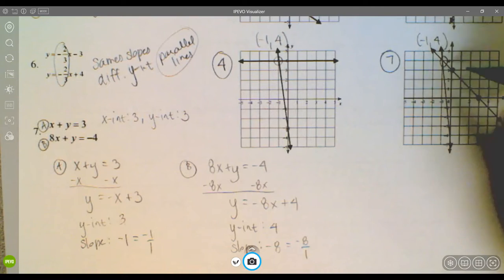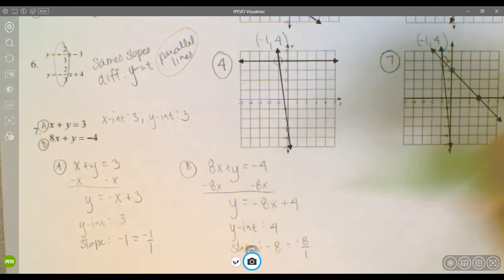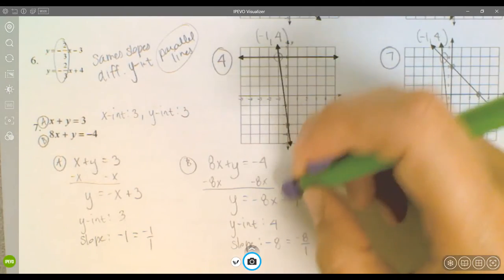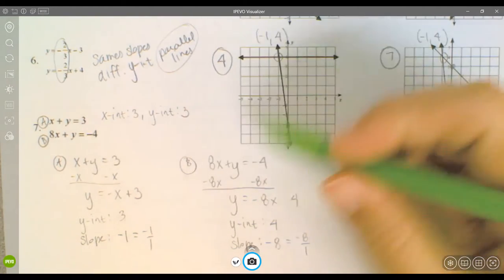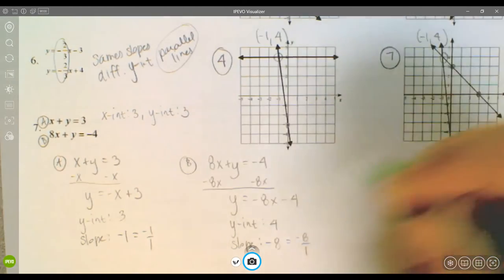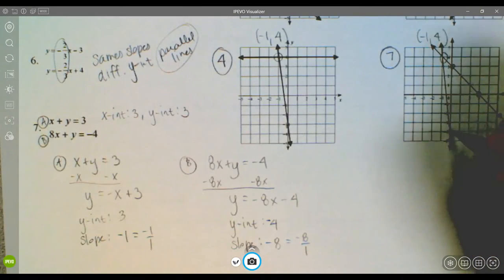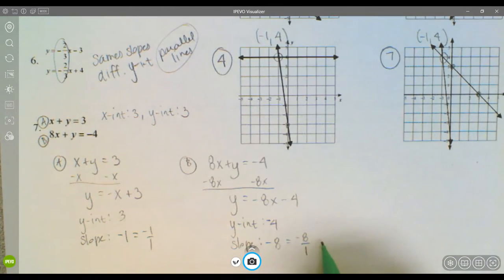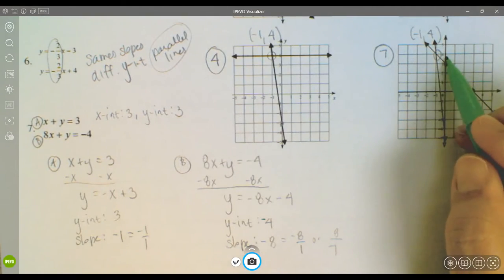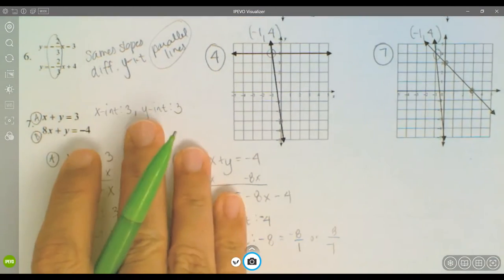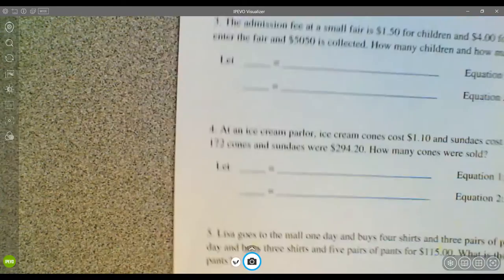Y-intercept is 4. Oh, what did you do, Denise? It's actually -4. See that negative? I dropped it. So y-intercept is now -4. I can't go down and to the right, so I'm actually going to write this way so I can go up and to the left. Okay, so that's another way to look at it if I've not used process of elimination.